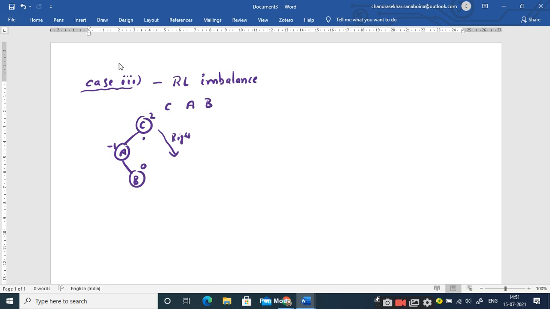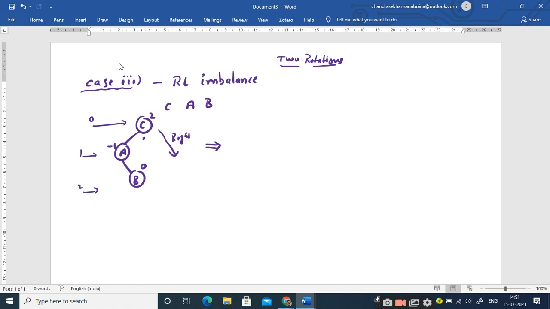So when we have this RL imbalance, you have to perform 2 rotations. Very important point. The first rotation should be at the higher levels. What is the meaning of higher level? As we know the root node is always placed at level 0, then 1, and this is 2.